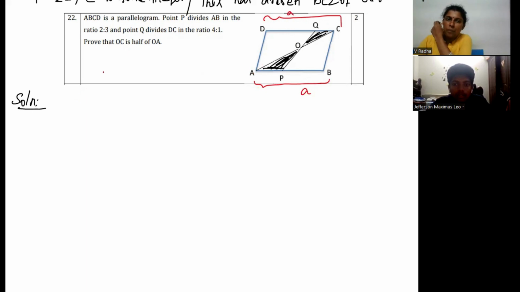Correct, similar சொல்லிடலாம். But here we want to show OC is half of OA. நீங்க சொன்ன similarity correct. நம்ம அந்த similarity கூட யூஸ் பண்ணிக்கலாம்.